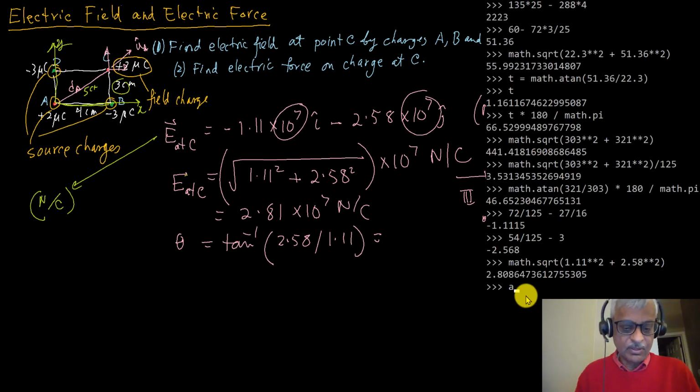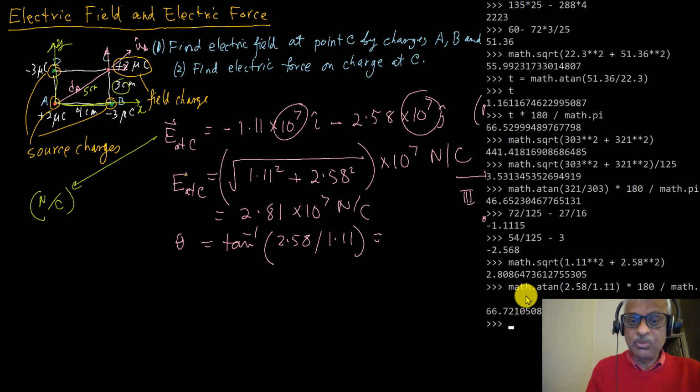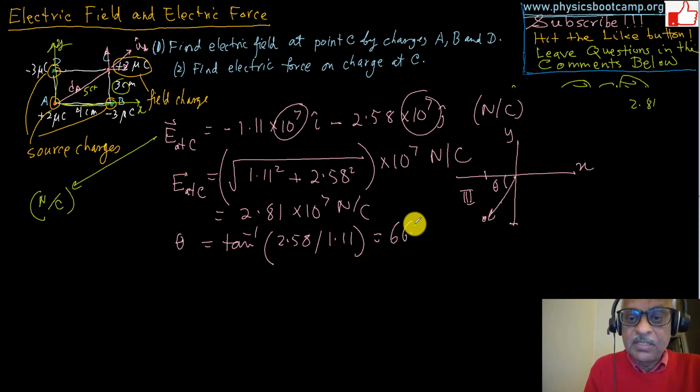So arctan of 2.58 to 1.11, and I should convert this into degrees. I need to put math dot because I'm using the math library. So 66.7 degrees. This becomes 66.7 degrees.